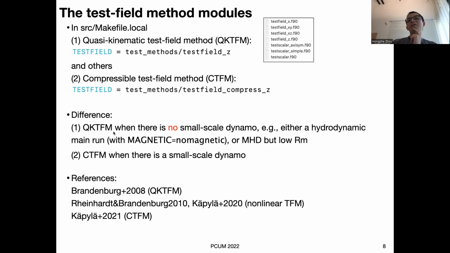In this case, you can use the quasi-kinematic method. When you have high enough magnetic Reynolds number, then you will really need the compressible test field method. And here I have a few references. The nonlinear test field method is something like an intermediate step between the two methods.